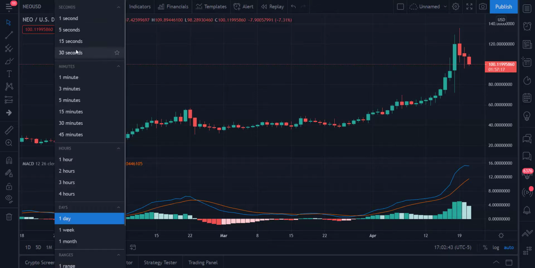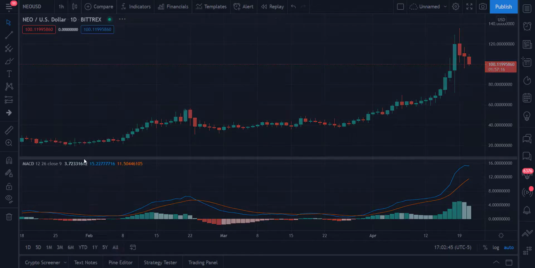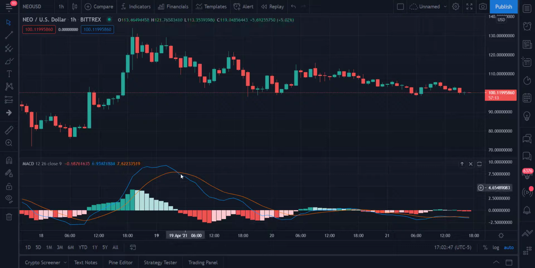Let's take this down to a lower time frame, get a better look. So closer look, we had a crossover back on the 19th, so just 2 days ago, and it did go slightly negative before a crossover went barely positive, hovered around the zero line, which is where it is right now. I definitely do not see this as a buy or a sell indication at the 1 hour.